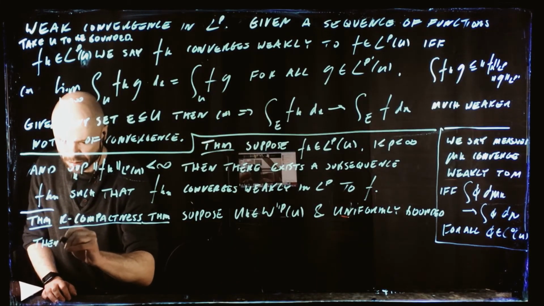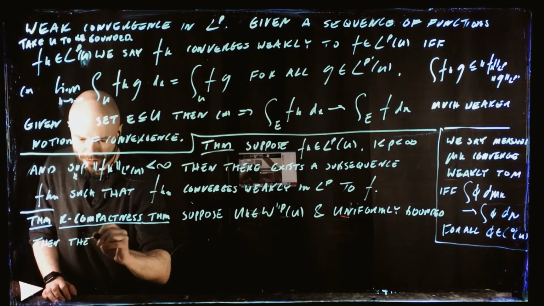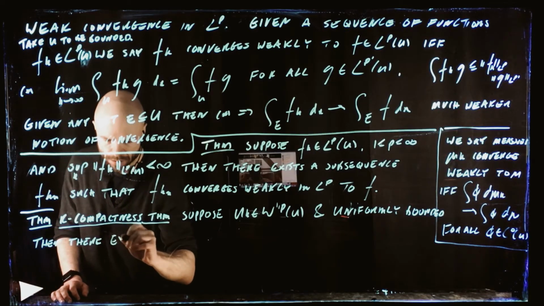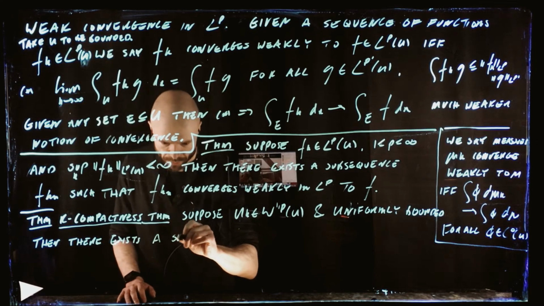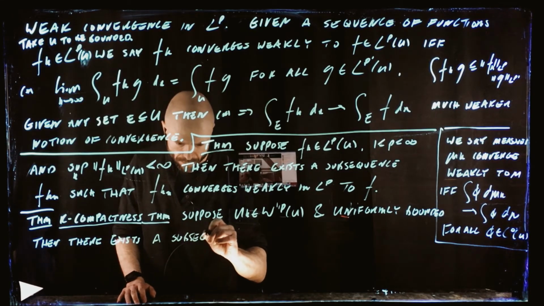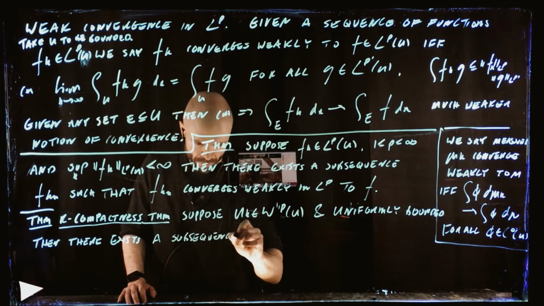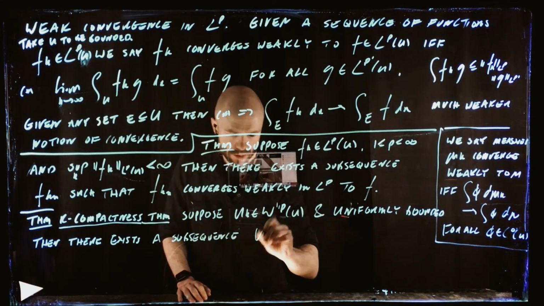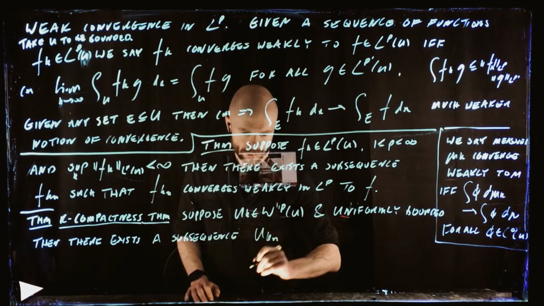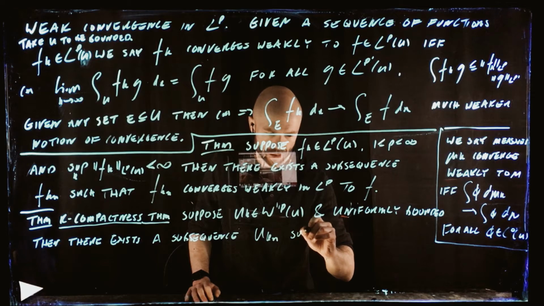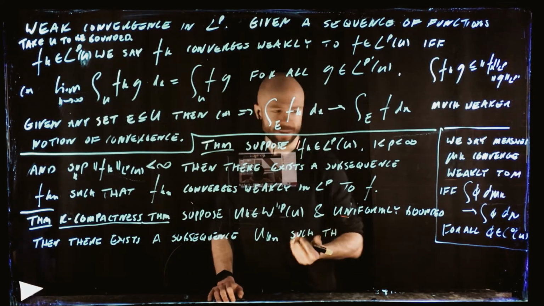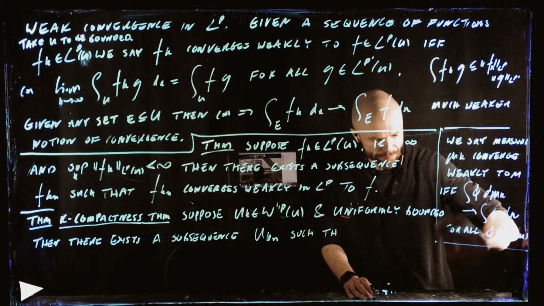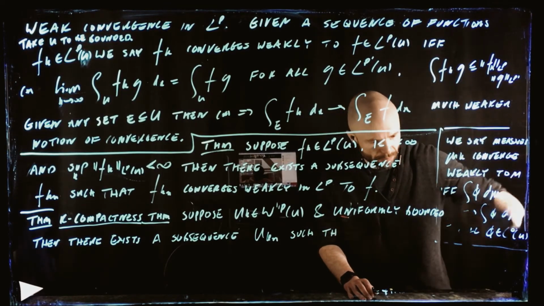Then there exists a subsequence u_k such that, so uniformly bounded means uniformly bounded in the norm, in the Sobolev norm.